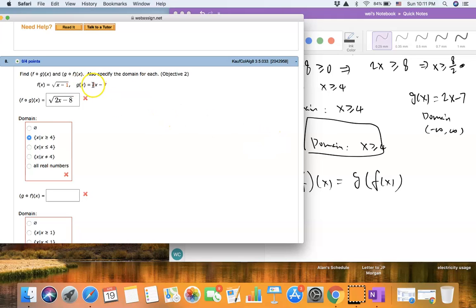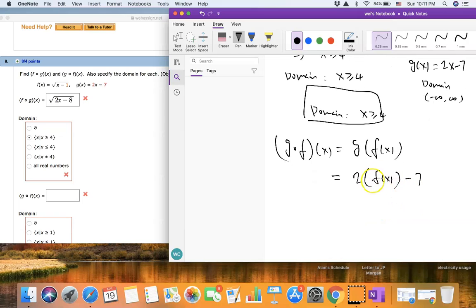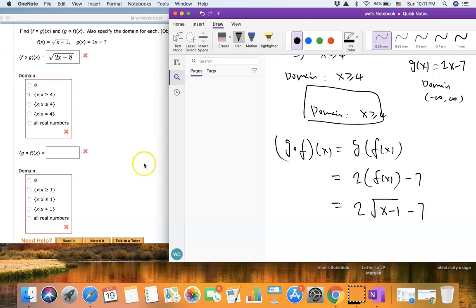So instead of having 2x minus 7, we have 2 times f(x) minus 7. And f(x) is the square root of x minus 1. So this is 2 times the square root of x minus 1, minus 7.